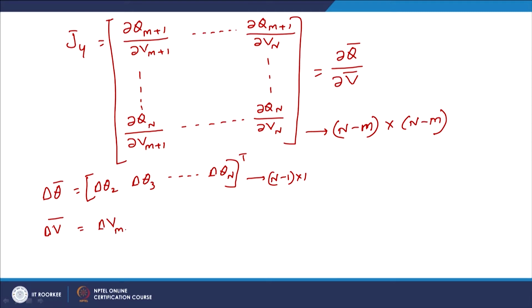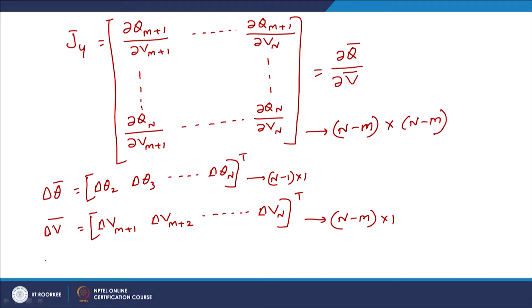Delta V m plus 1, delta V m plus 2, up to delta Vn, transpose. So, it is n minus m cross 1.